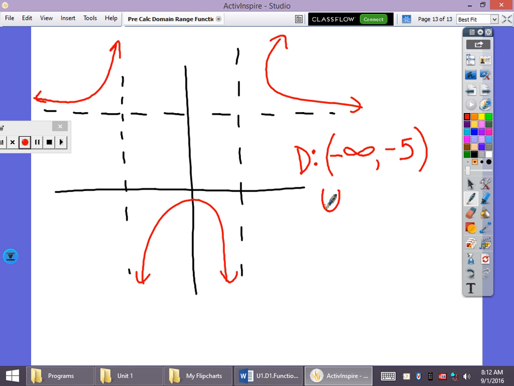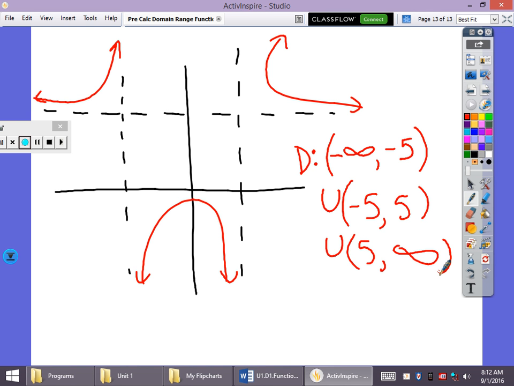Okay? And then what do I have next? Negative 5 to positive 5, union 5 to infinity. You could have also said all real numbers except what?